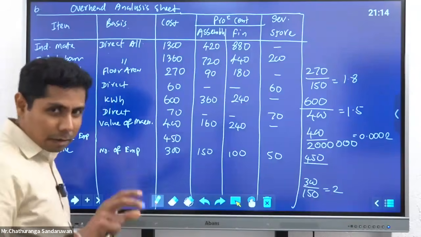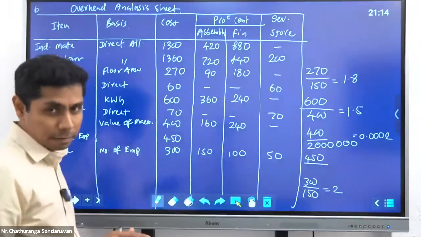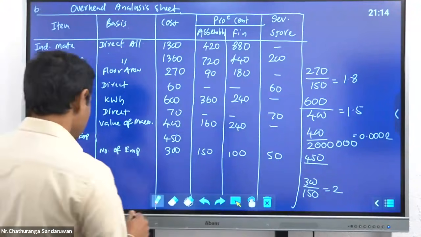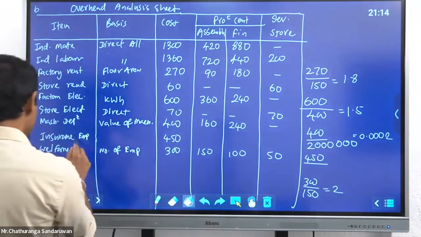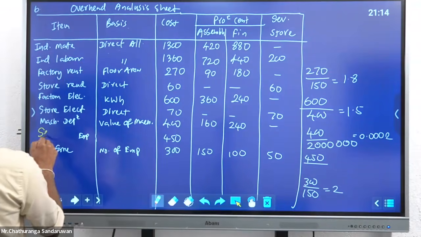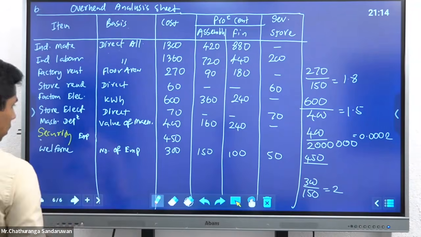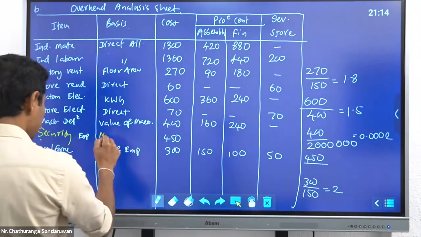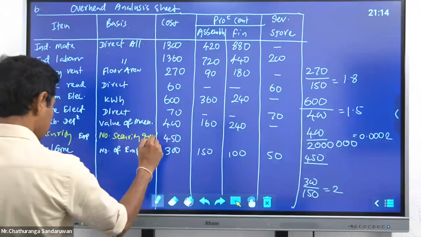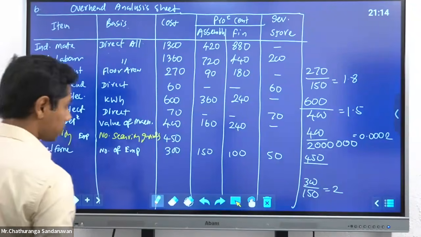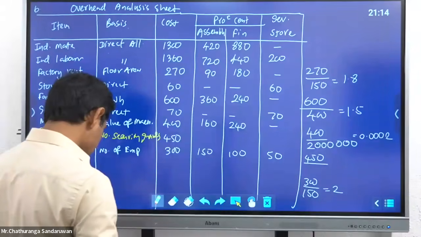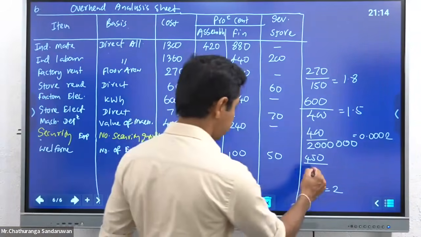Okay, let me change it as security expenses. Then based on the security guards, we can apportion, right? So let me change this as security expense. Then the basis is the number of security guards. Number of security guards total is 10, 8, 12, 30.